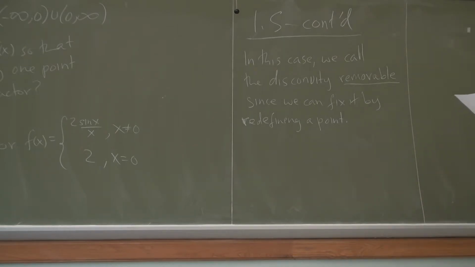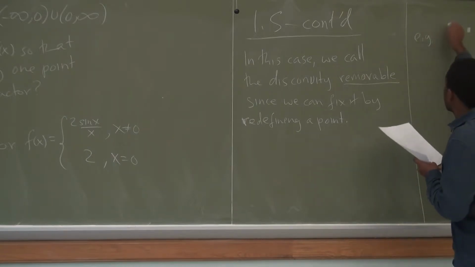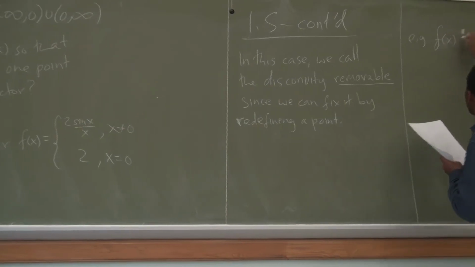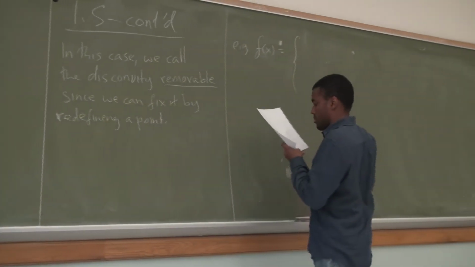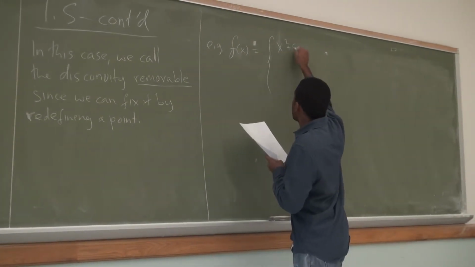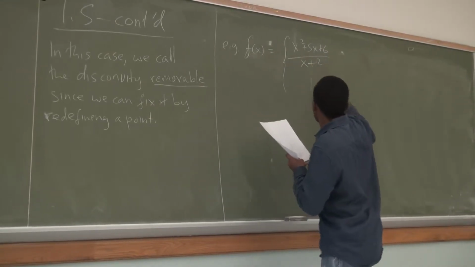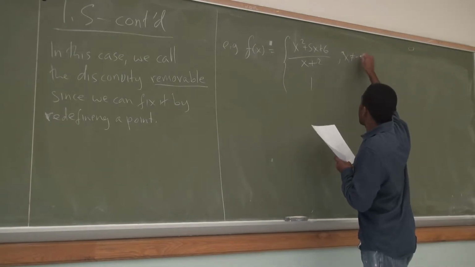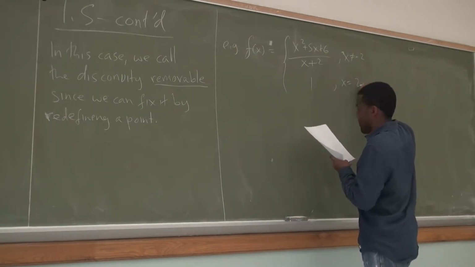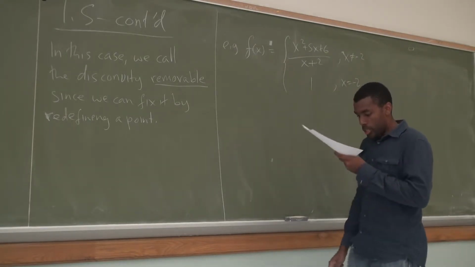Our second example. So remember, this was f of x equals x squared plus 5x plus 6 over x plus 2. Where's this continuous?